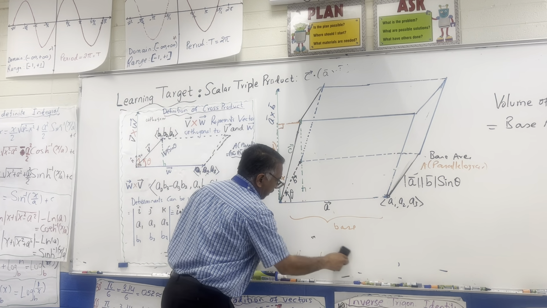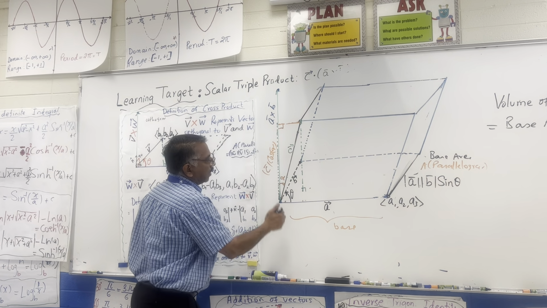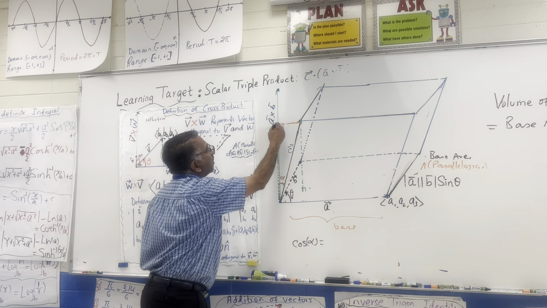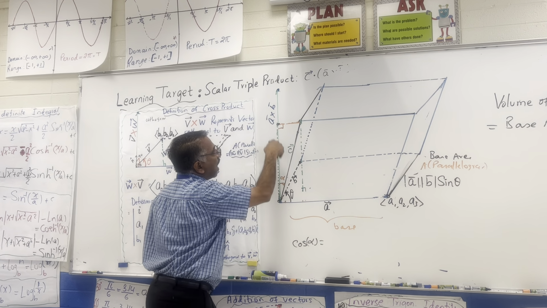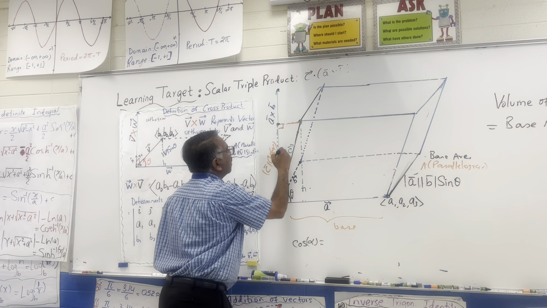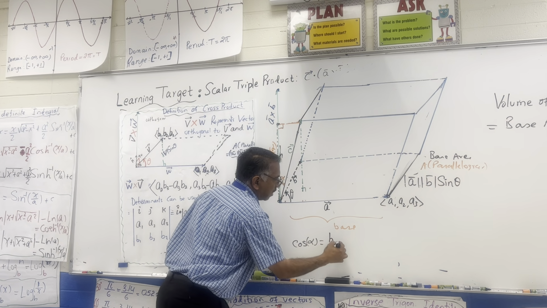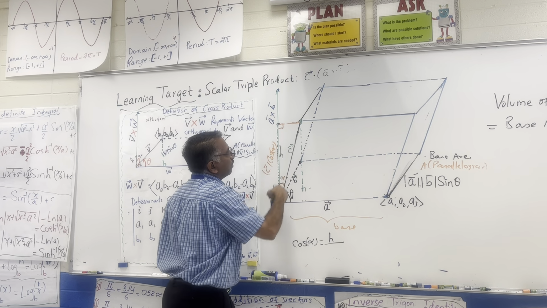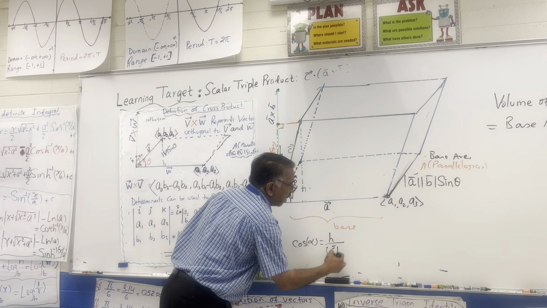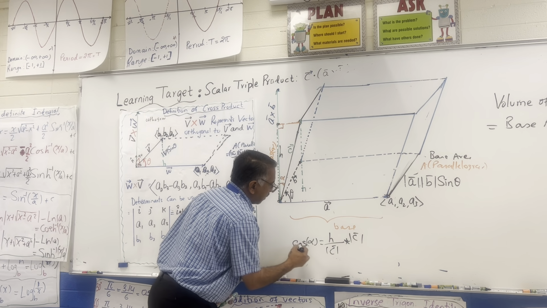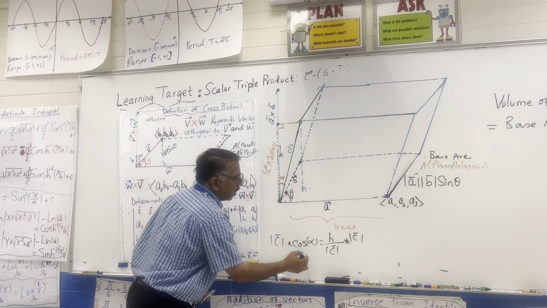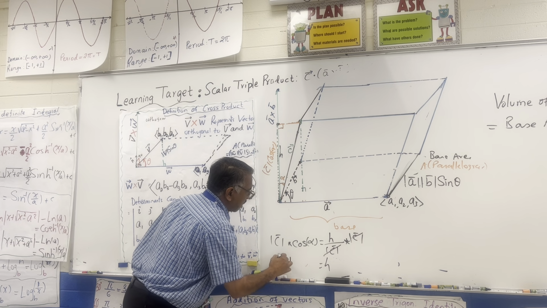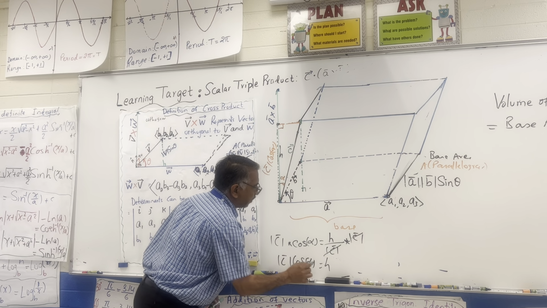If you get confused about where I got this from, it's because cosine of alpha is the adjacent over the hypotenuse. The adjacent is what we want. It's the height, so let's call it h. So cosine of alpha is h over the magnitude of C bar, and you multiply the magnitude on both sides, and the height is the magnitude of C bar times cosine of alpha.